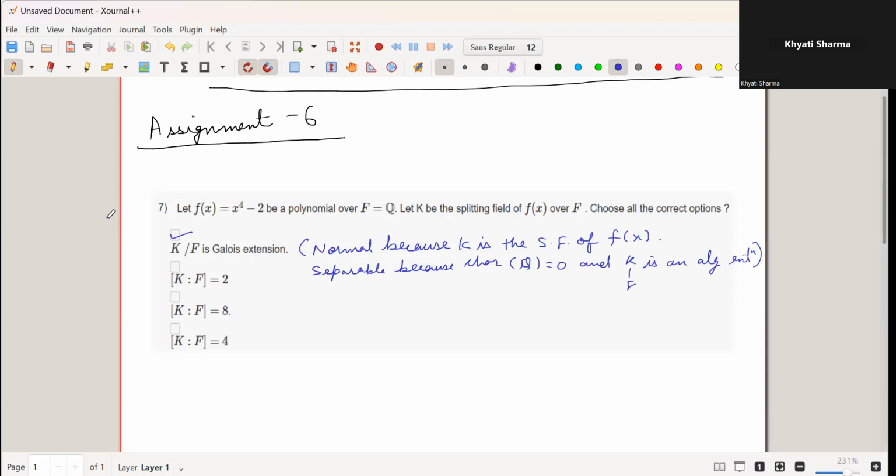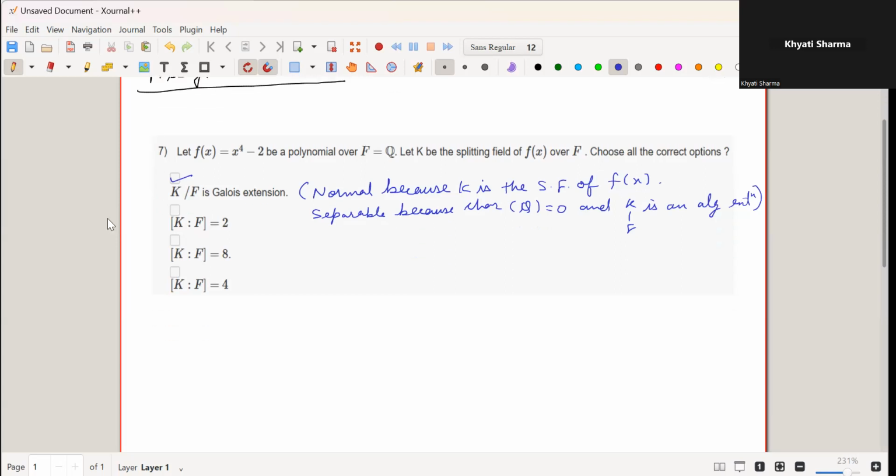Now, what is the degree of K over F? The correct answer is 8. Let us see how.